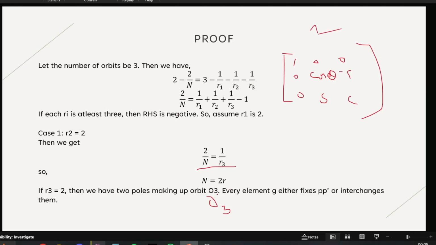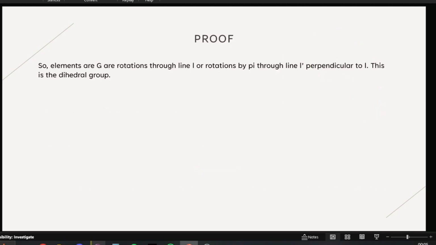So the orthogonal group O3. Every element of G here either fixes the pole, that is, it fixes the line and rotates along the line, or it interchanges the poles. So basically, this operation gives us the dihedral group.